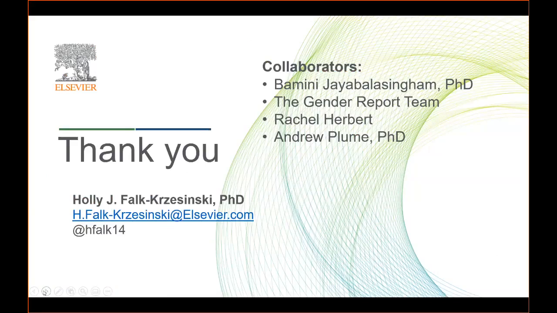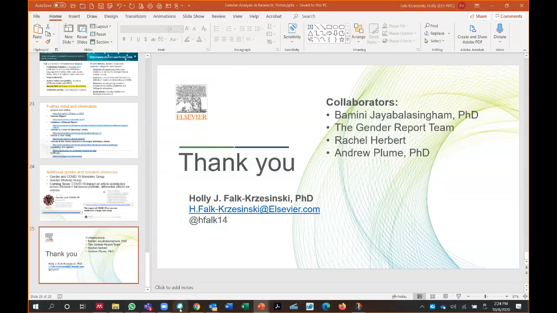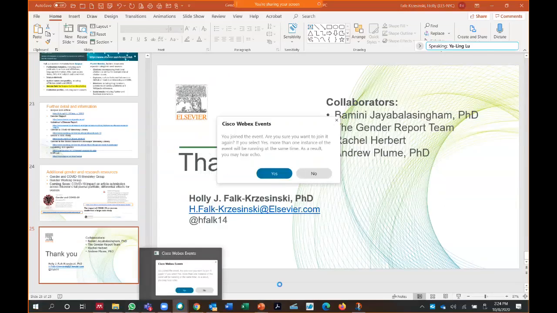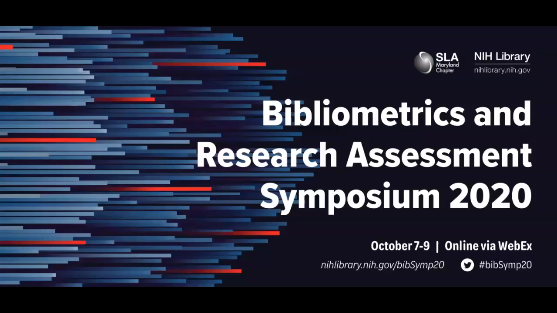Thank you, Holly. There are 2 questions, but they're basically addressing the same thing. Since there is a drive to recognize non-binary genders, how is that going to affect this type of studies? Yeah, so it will make this kind of studies even more robust.